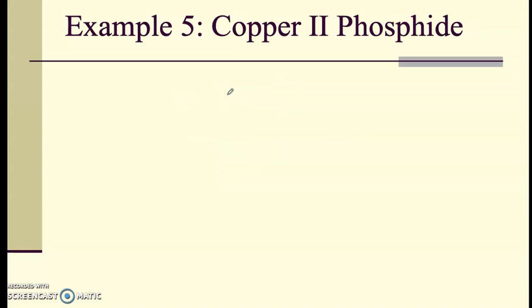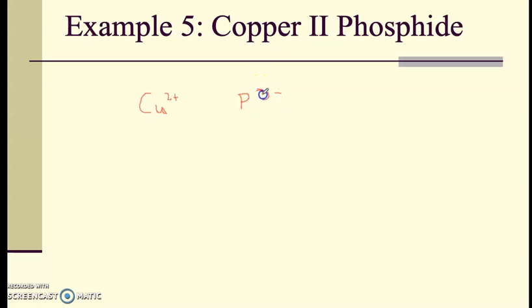Next example, copper II phosphide. Copper is 2+, phosphide is P3-. Phosphorus is in group 5A, so it gets a 3- charge.